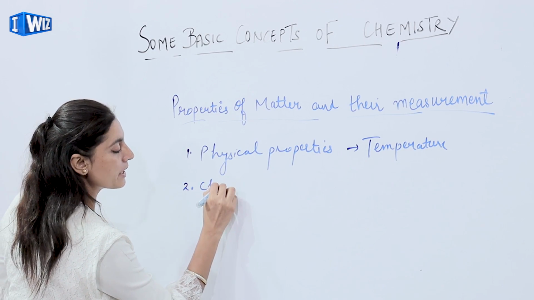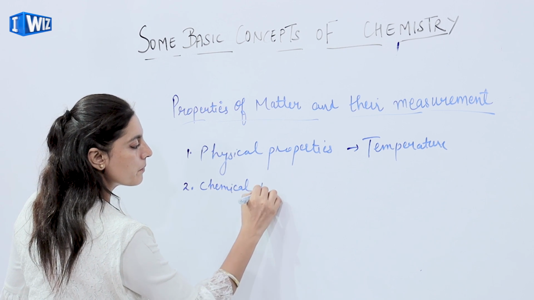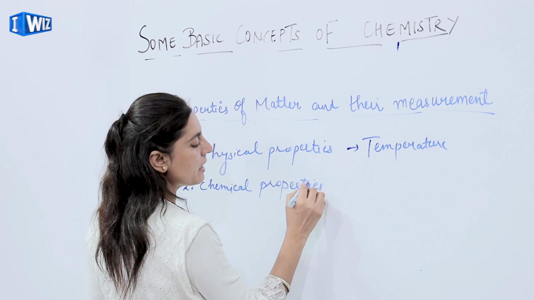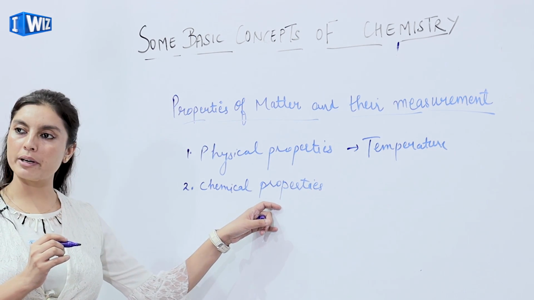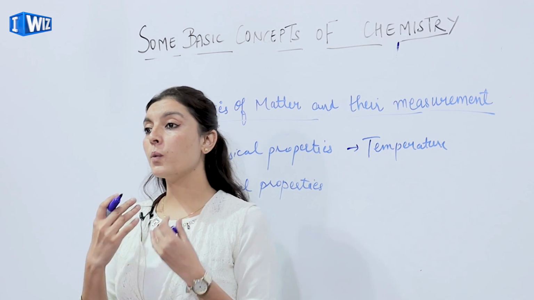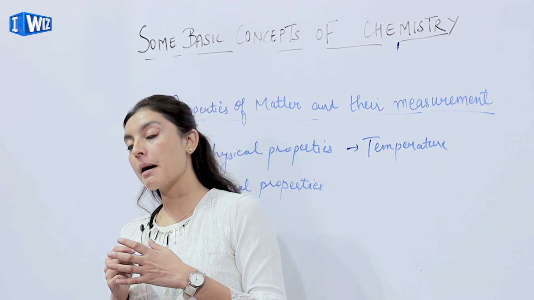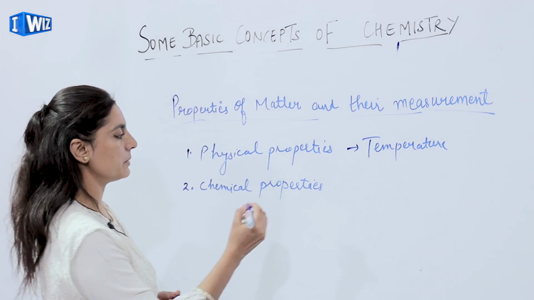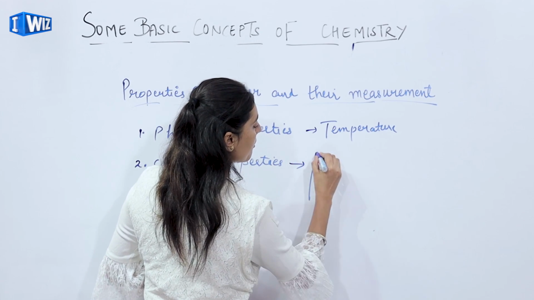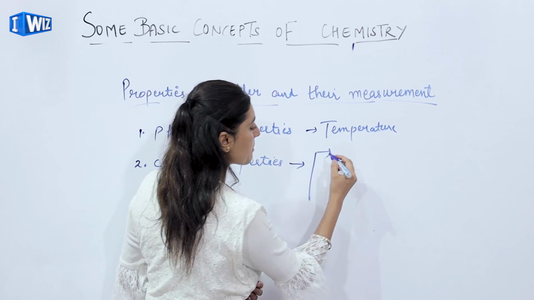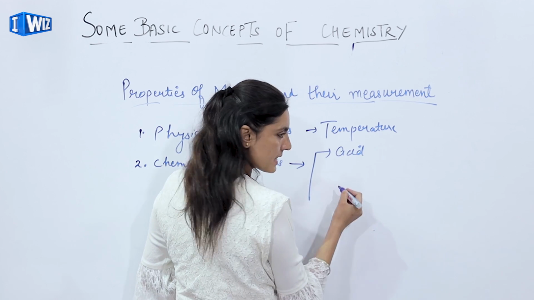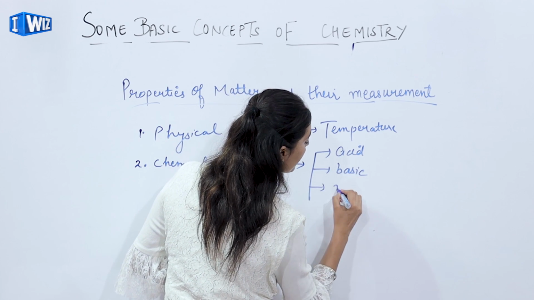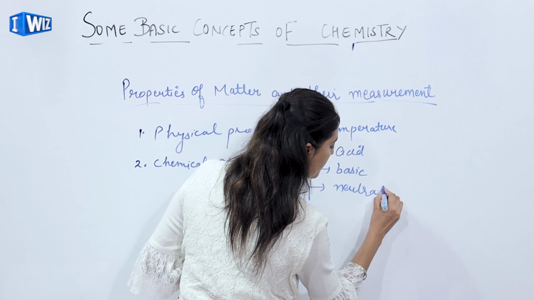Moving ahead to chemical properties, I would say that the chemical properties of any matter are the properties that let me know what chemical changes are taking place in that particular matter. For example, it might be to know the acidic nature, the basic nature or the neutral nature of that substance.